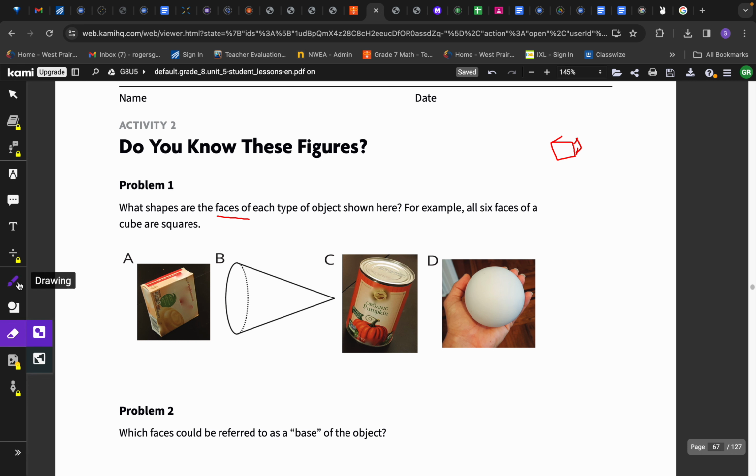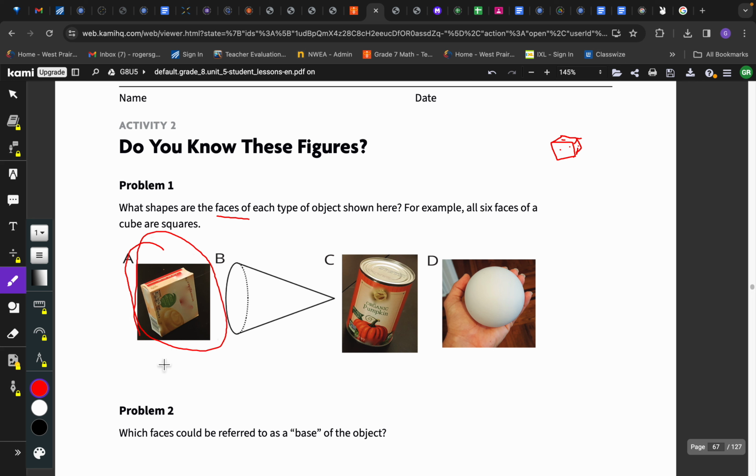But all faces of a cube are squares. 1, 2, 3, and then you can't see behind, but underneath and behind are 5, 6. They're all squares. So every face is a square.